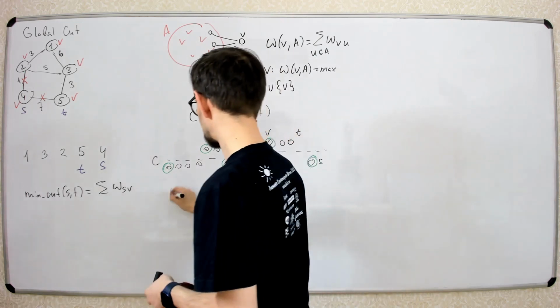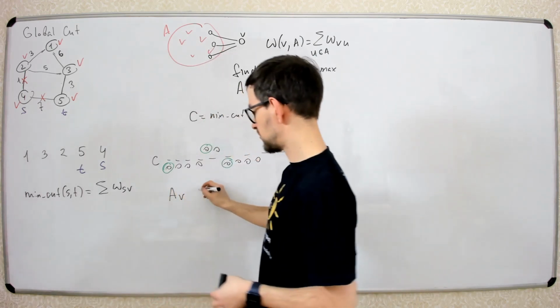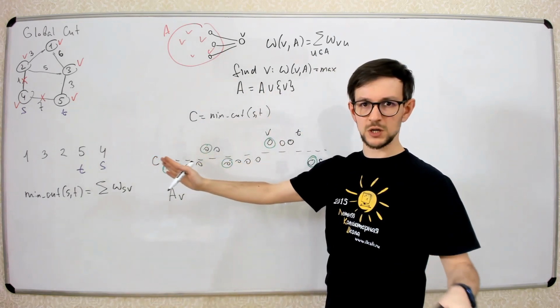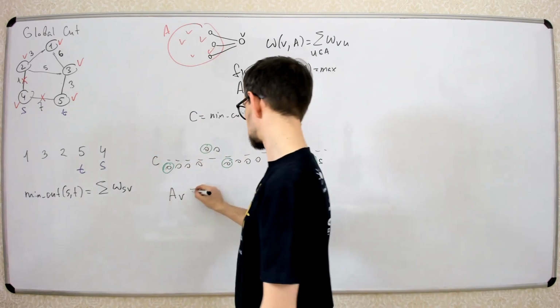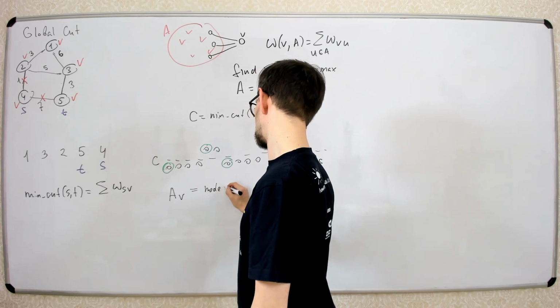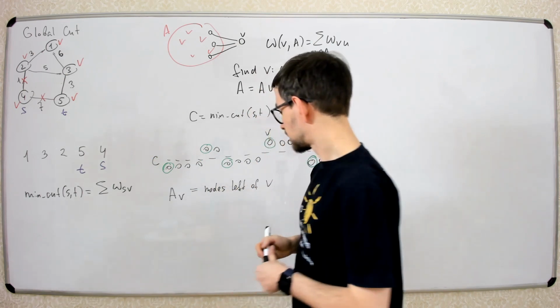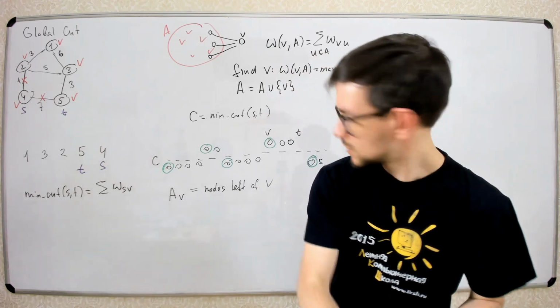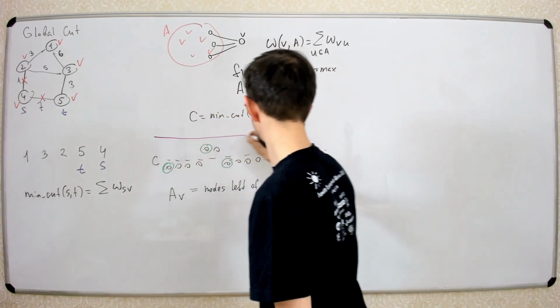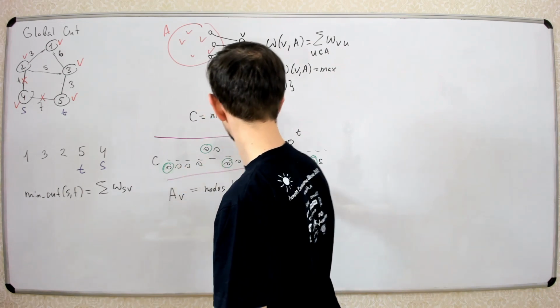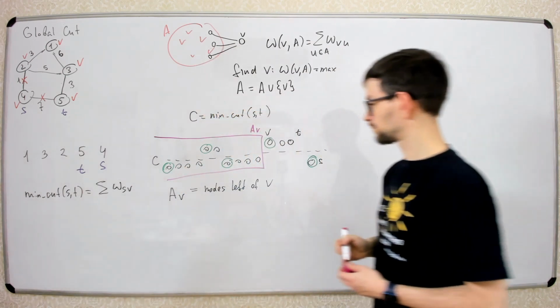Let's say set AV is the set of all nodes to the left of V. This set of nodes we will call AV.